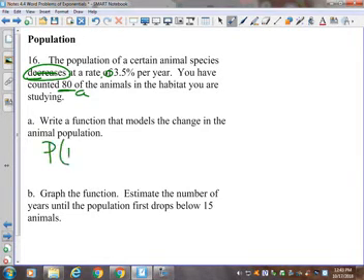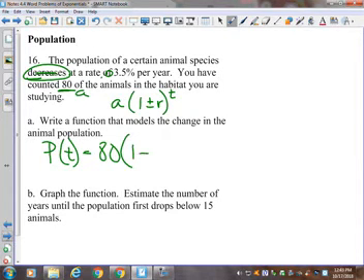So P of T, why did I use P? Exactly. Is going to be how much I had when I started, because again, this is A1 plus or minus R to the T power, or X power, depending on which letter you'd like to use instead. So I have to put 1 minus what?